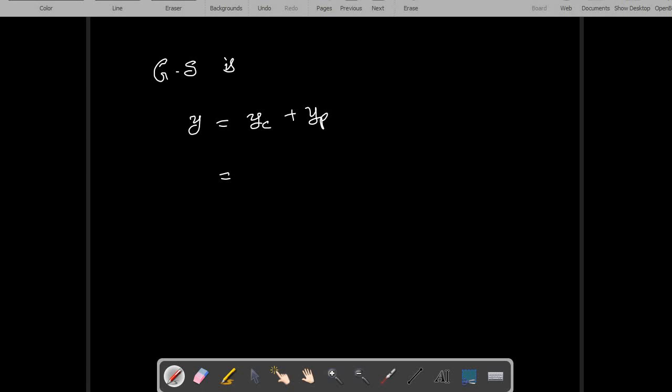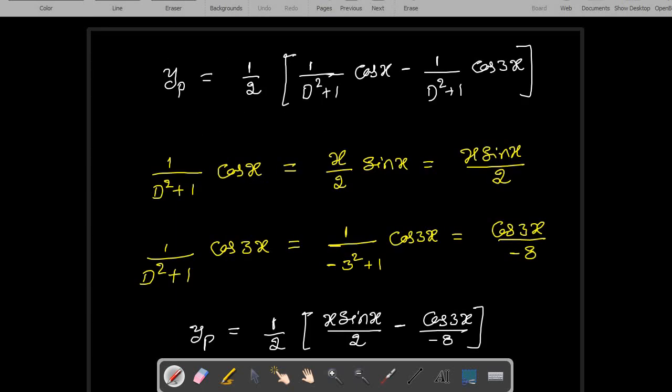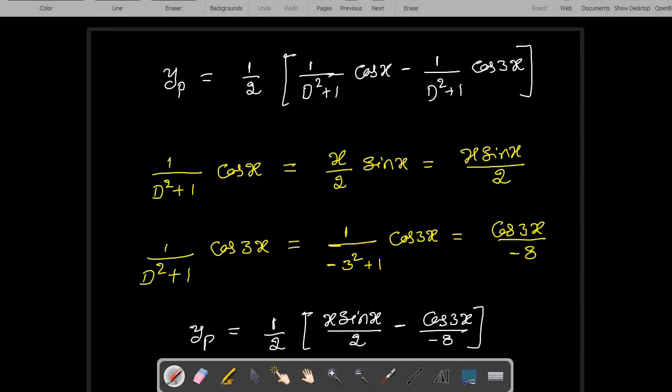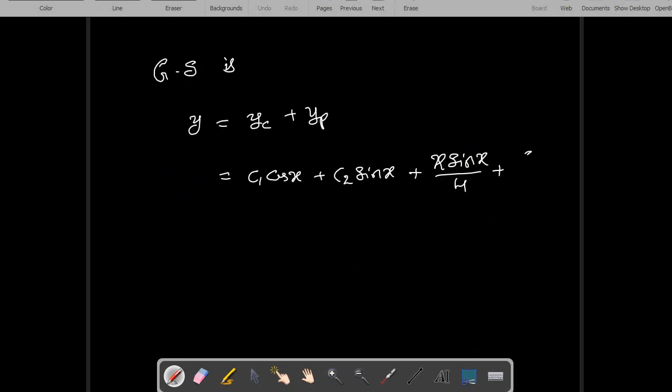Complementary function plus particular integral, that is c1 cos x plus c2 sin x plus, and this one is x sin x by 4, and minus into minus plus, and that will be cos 3x by 16. That's it. Okay, this is the general solution of the given differential equation.